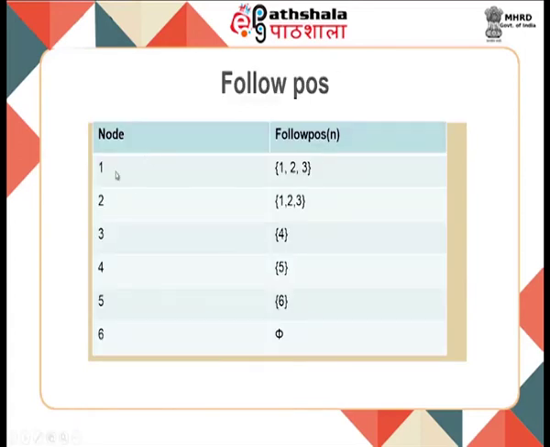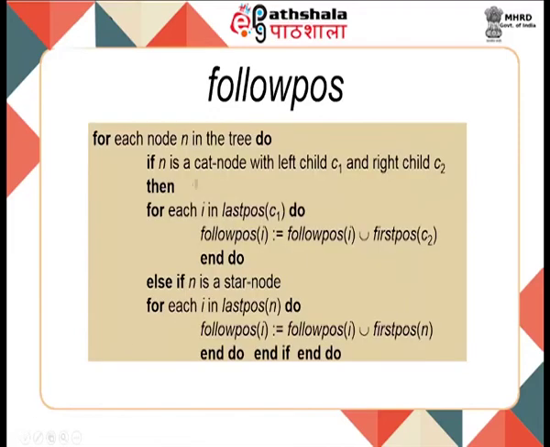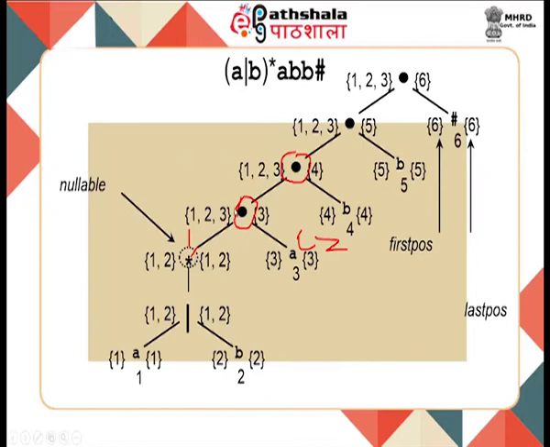So we are looking at follow position. So look at this interior node. This interior node will basically have 1, 2, 3 as the first and last position. Its children have 1, 2 and 3 as the first position, and last position will be 1, 2 and 3 here. So look at this, it says follow position of I. What is I actually?